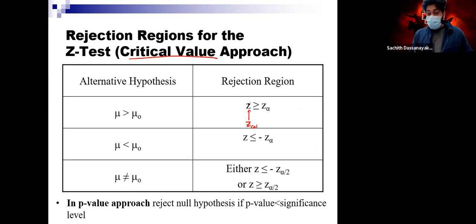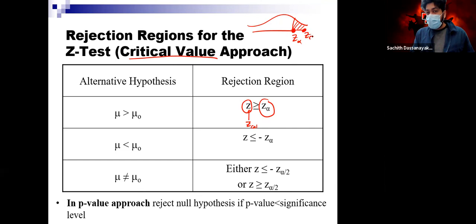If this value is greater than or equal to Z alpha, what is Z alpha? This value belongs to this region here. My calculated value is somewhere here. I'm not talking about the probability, I'm talking about the value.